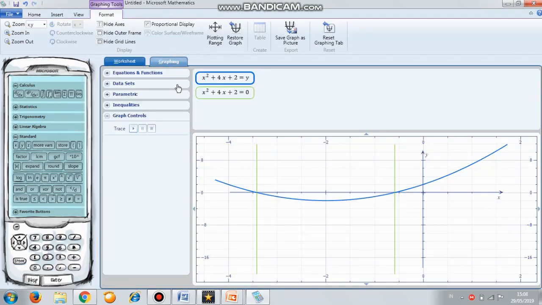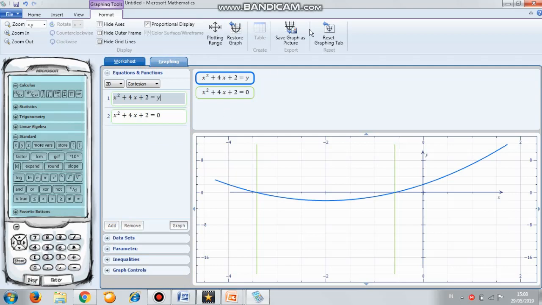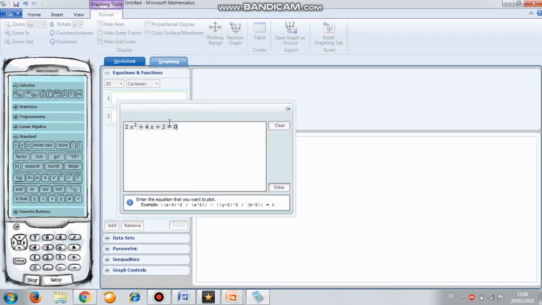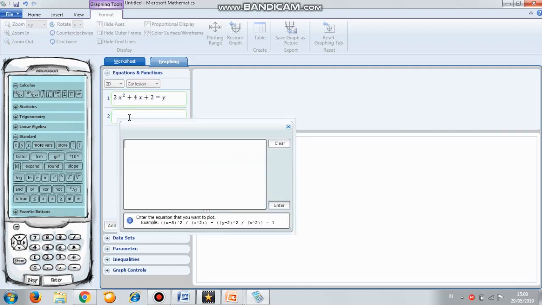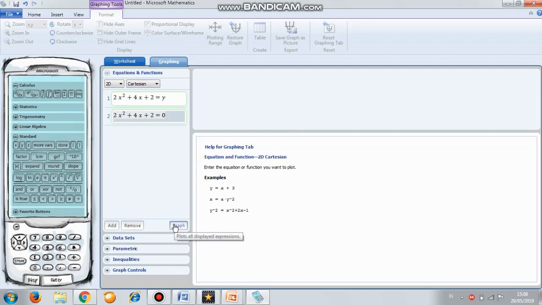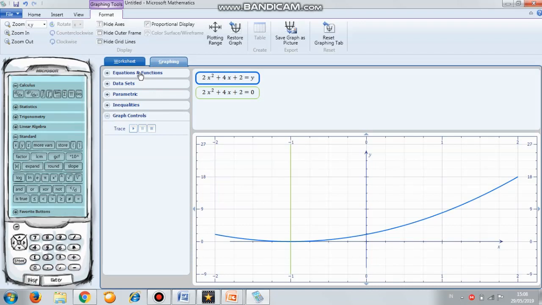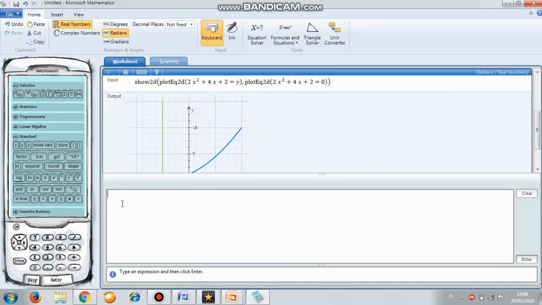And then what if the discriminant D is equal to 0? For example, we use 2x squared plus 4x plus 2 is equal to y, and it's equal to 0. Equal to y finds the graph and equal to 0 finds the value of x.